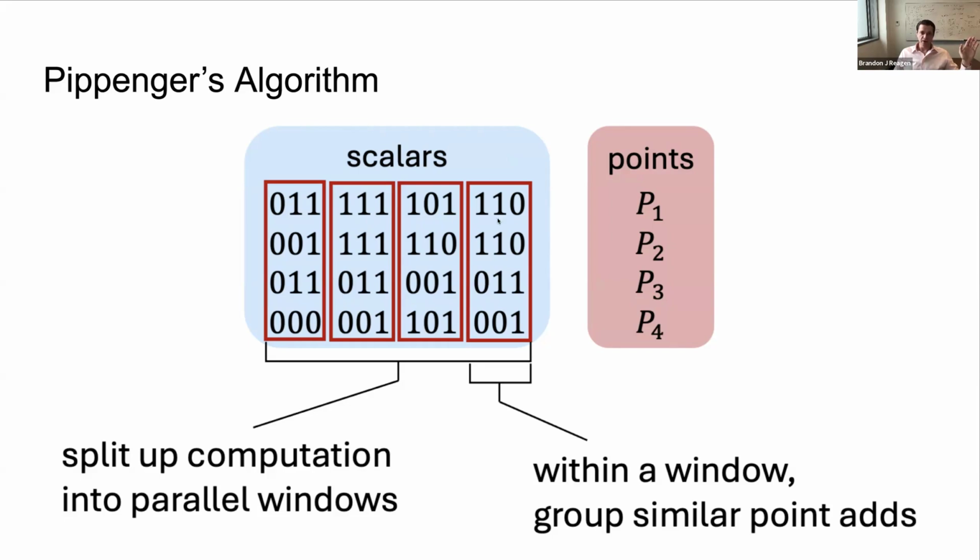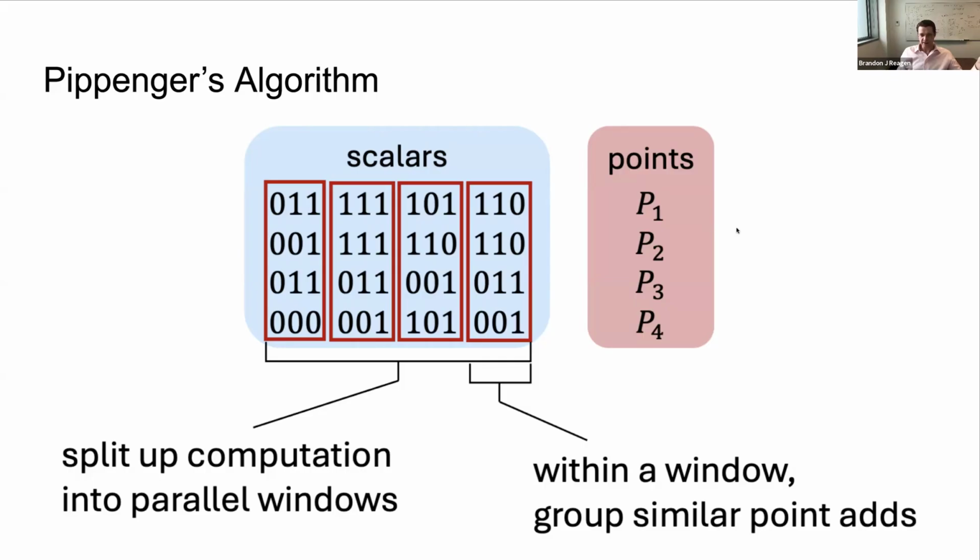Then what we're going to do is we're going to look at this chunk of an individual scalar within a window, and we're going to treat that as an index to a bucket. So we're going to use this to index a bucket for each corresponding point, and then we're going to accumulate each point in that bucket, and then do point additions within that bucket. So all we have to do for each window is number of point additions, and then at the end, all we have to do is multiply by this scalar.